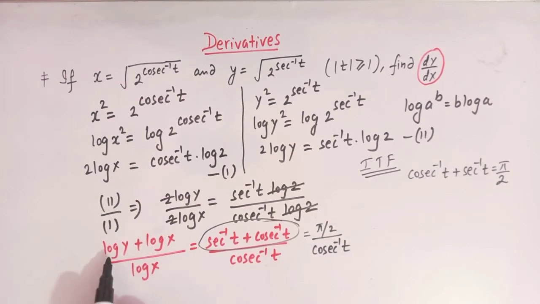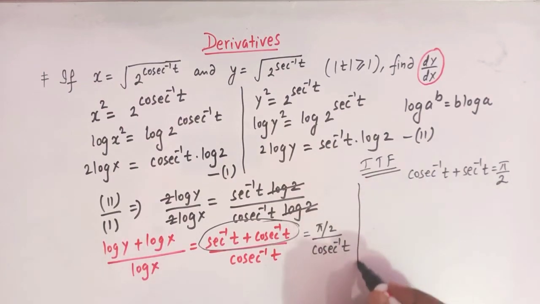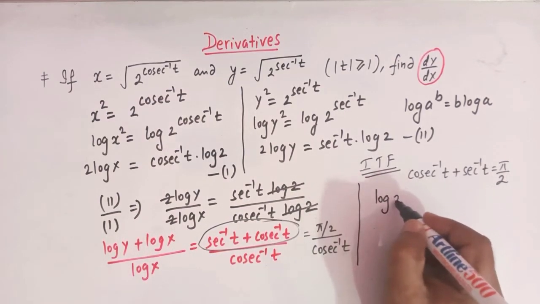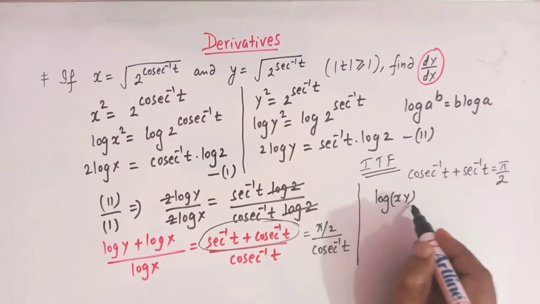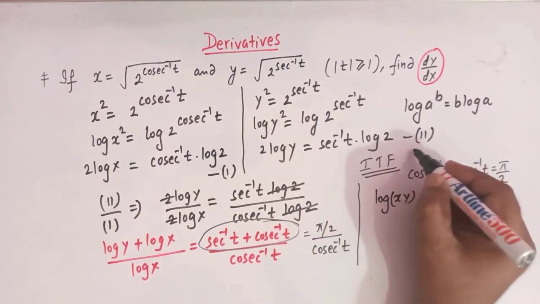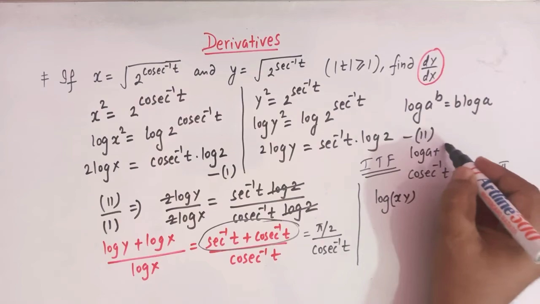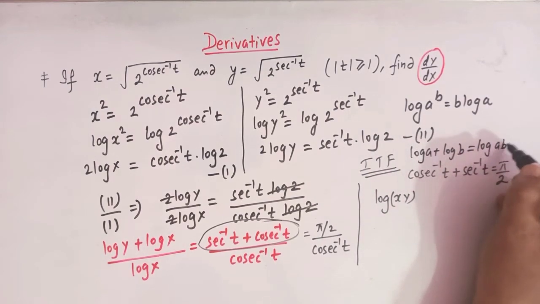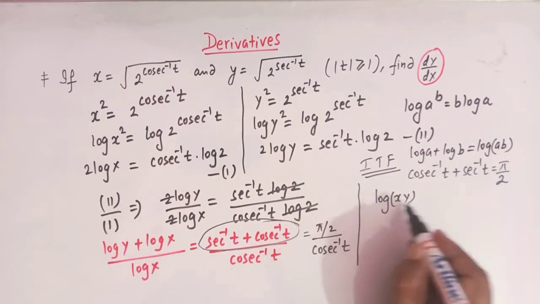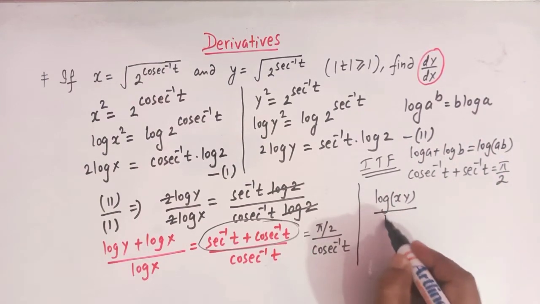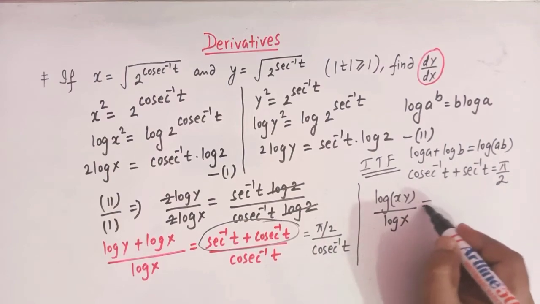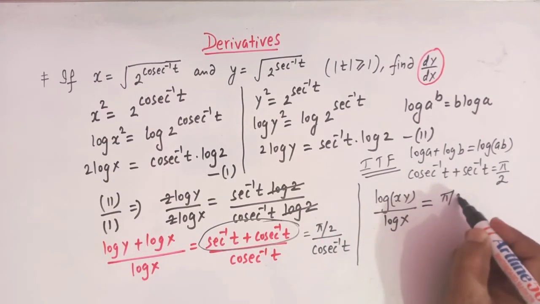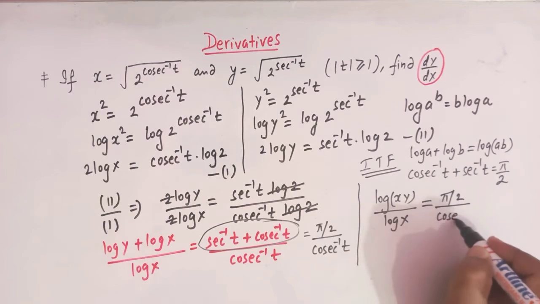Now log y plus log x can be written as log of x times y, due to the property of logarithms, that is log a plus log b is equal to log of a times b. So we have log xy over log of x, and here we have pi over 2 divided by cosec inverse of t.